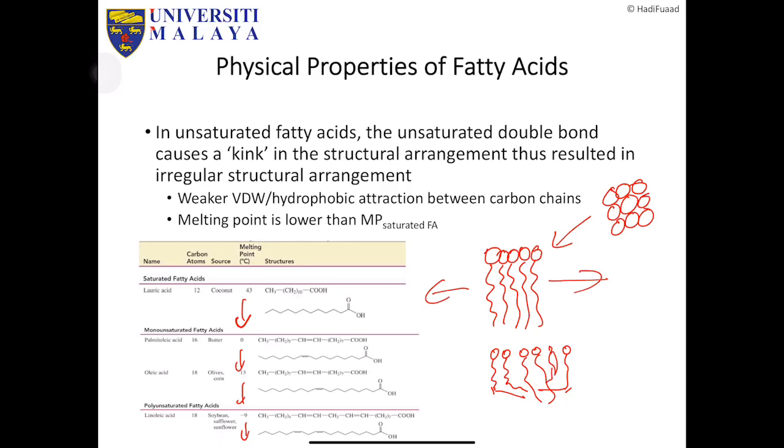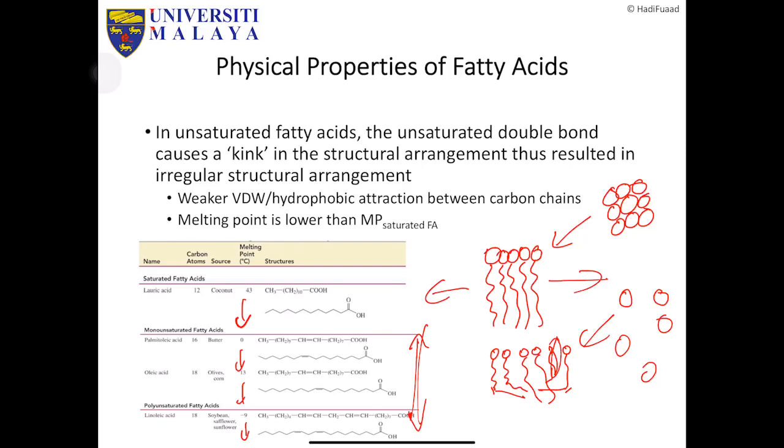So you can actually see there are a lot of spaces here and there, so there can be a lot of fluidity, a lot of movement. Similarly, when you look at the state of matter for a liquid, the structure is less orderly packed compared to a solid. So that's why normally unsaturated lipids are in liquid form.